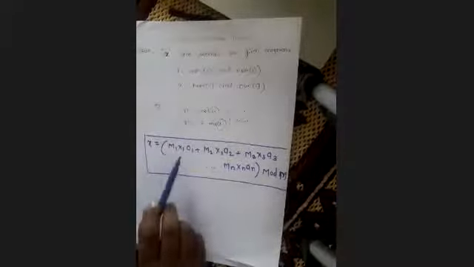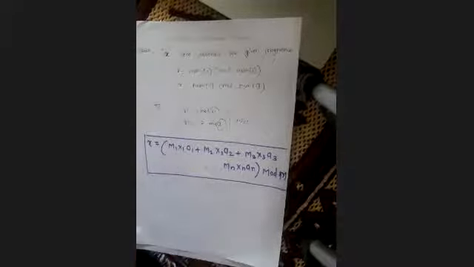Okay, if we have this type of equations, then we can find out the value of x by using this formula, m1 x1 a1 up to mn xn an mod m.